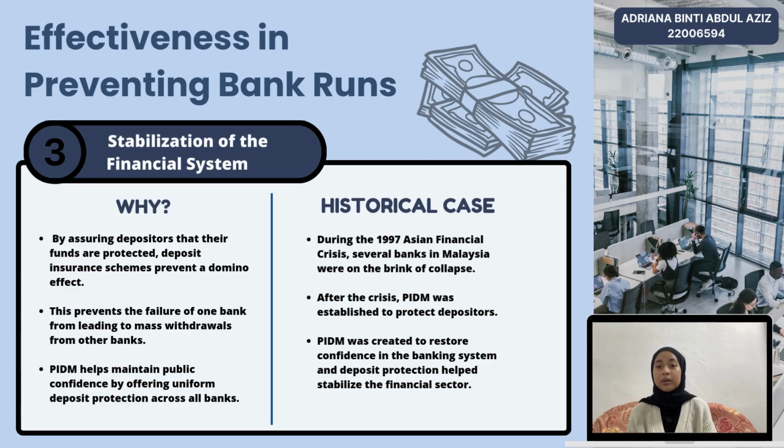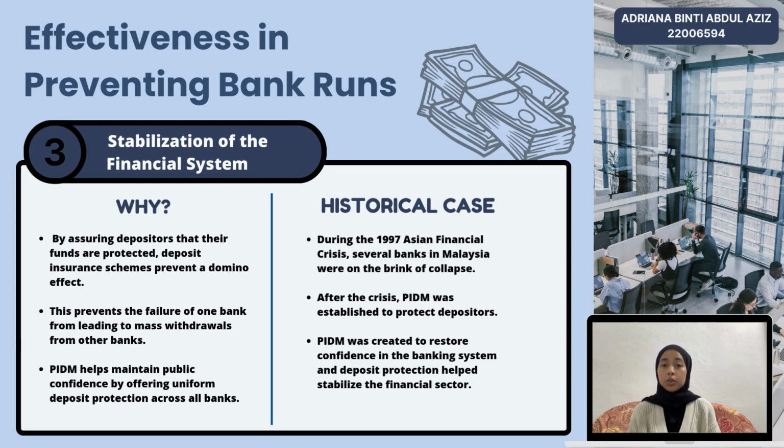So the second effectiveness is the stabilization of the financial system. Deposit insurance schemes also contribute significantly to the overall stability of the banking system, which is critical in preventing the domino effect that could result from a bank run. By assuring depositors that their funds are protected, these schemes help prevent panic withdrawals from spreading to other banks.